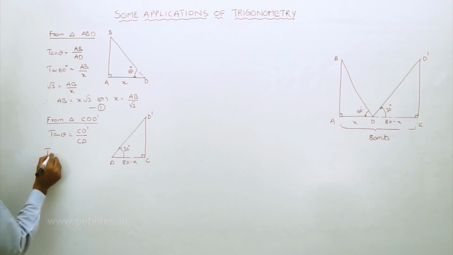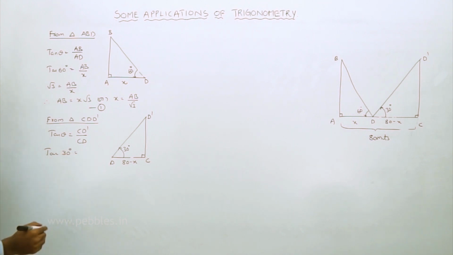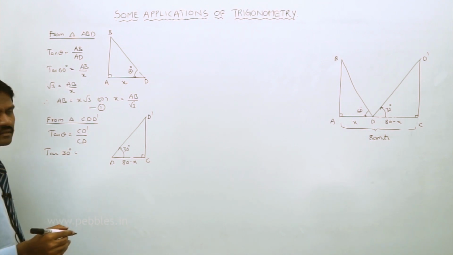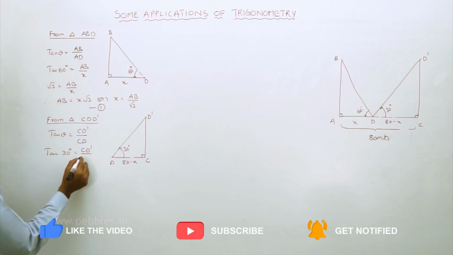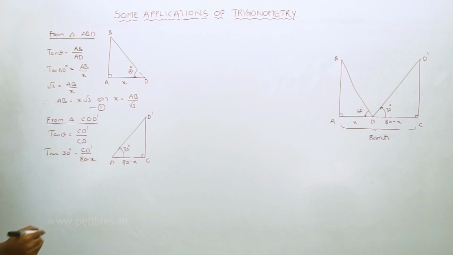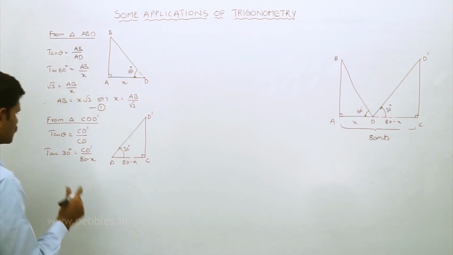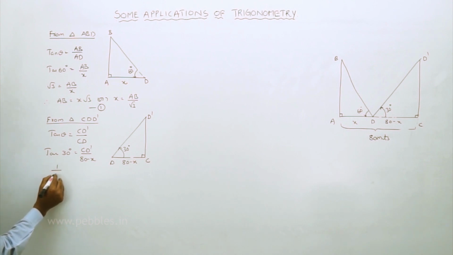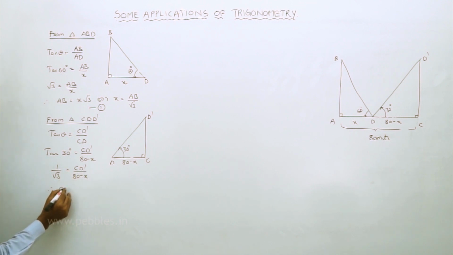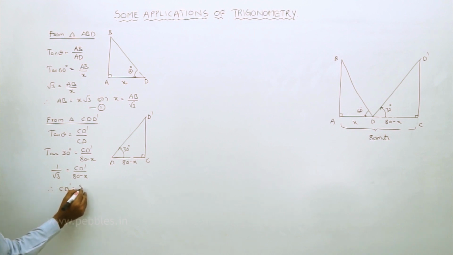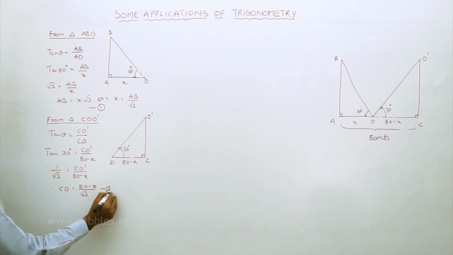Tan 30 degrees is equal to opposite side CD dash by CD, 80 minus x. That is, tan 30 is 1 by root 3, equal to CD dash by 80 minus x. Therefore, CD dash is equal to 80 minus x by root 3. This is equation 2.